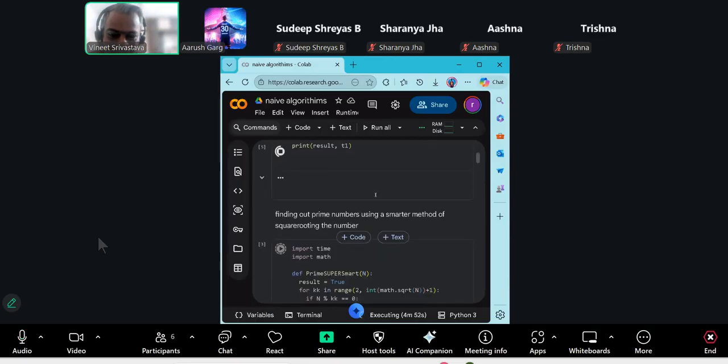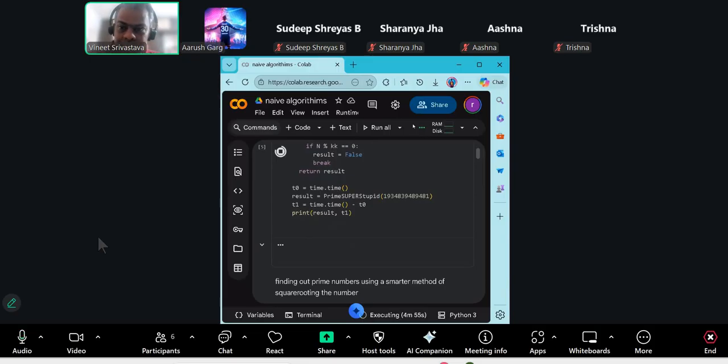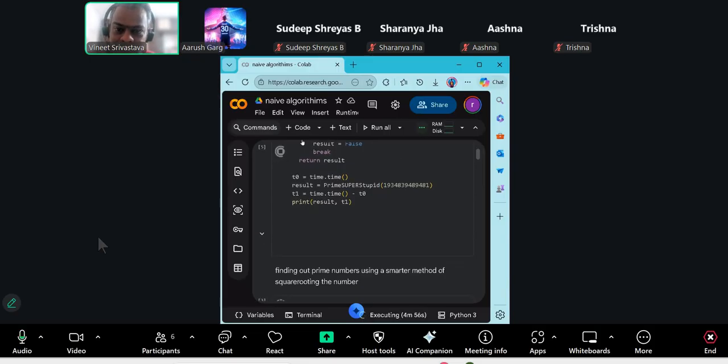So Aarush, I think this project is really nice. You said it relates to mathematics. Obviously, it does. One of the things that I liked about this is that this was the first project we did, and the reason I chose it is because it was very relatable. You're learning these things in school, and to see that going from a naive algorithm to, let's say, even from n to square root n, the time change is dramatic, right?